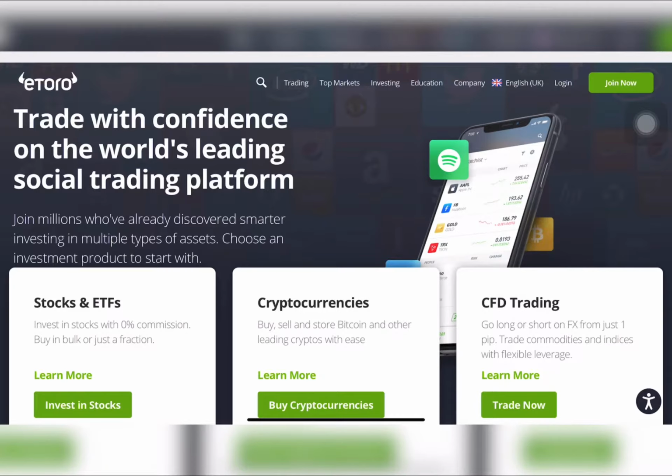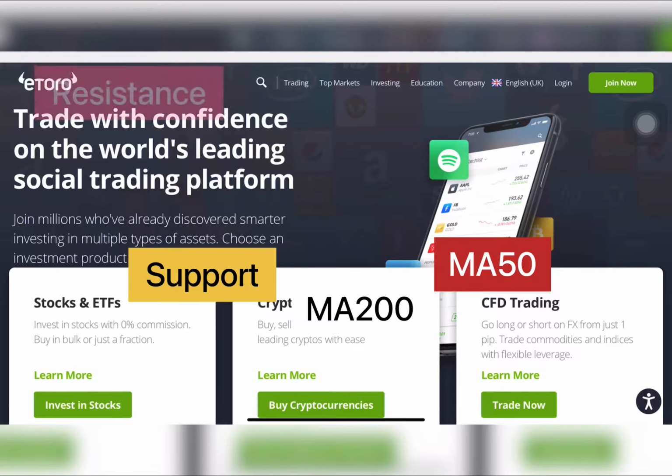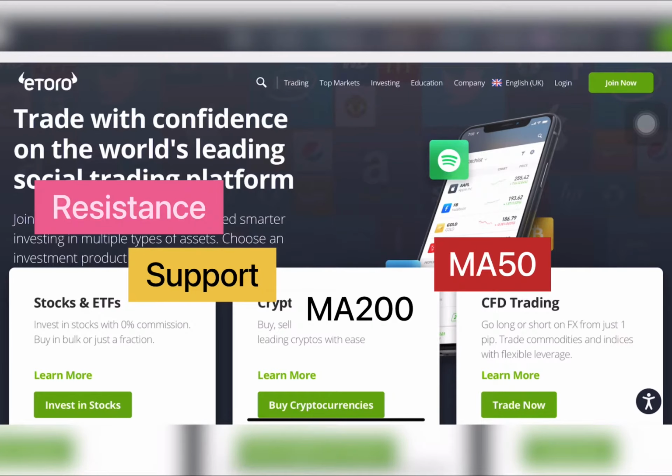you must learn some of the basic technical analysis tools. Okay, so if you're ready, please take note of all these basic tools that you need to learn: MACD, RSI, moving averages or MA200 and MA50, support and resistance.